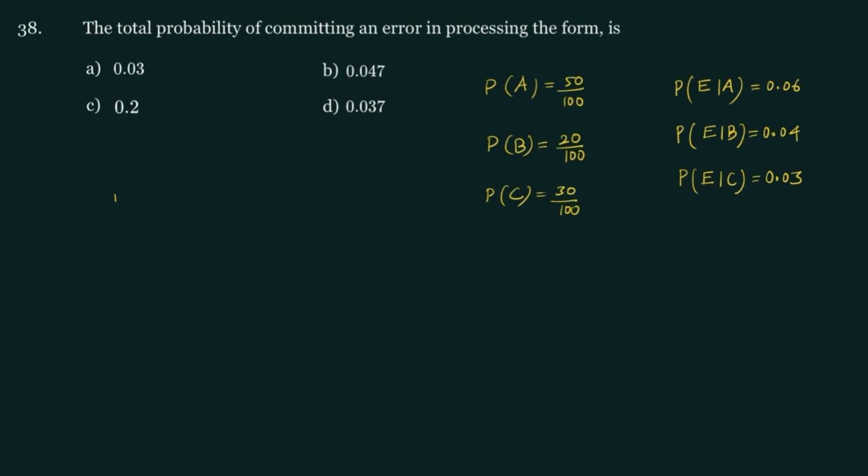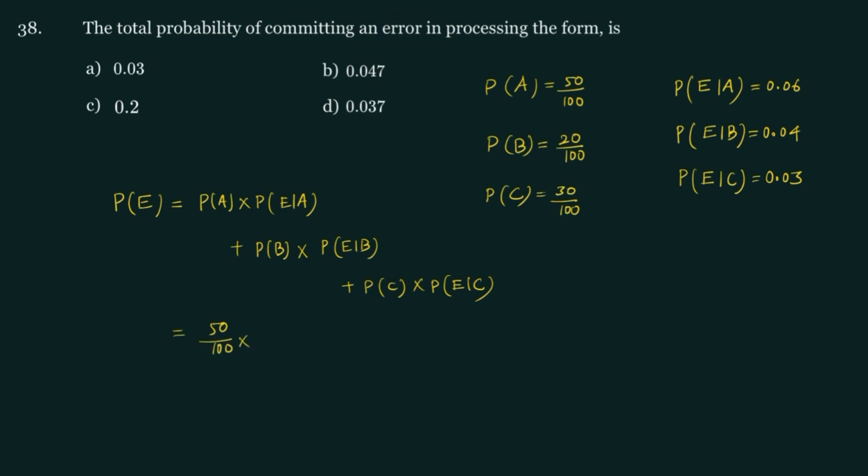With the formula of total probability, this can be written as: to get an error form, the form can be processed by A and A has committed the error, or the form is processed by B and because of B there is an error, or the form has been processed by C and due to C there is an error in the form.